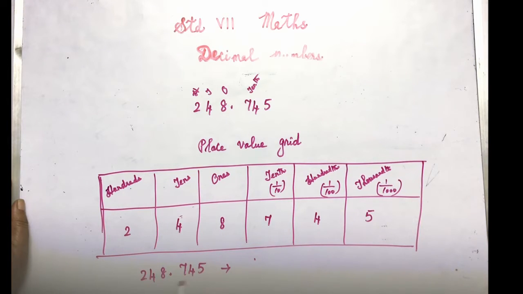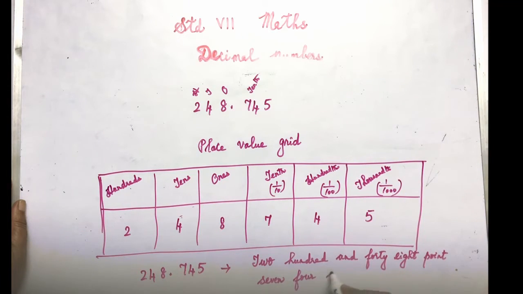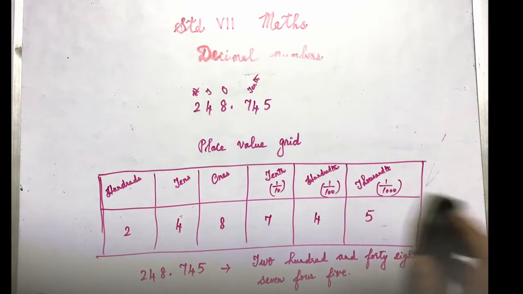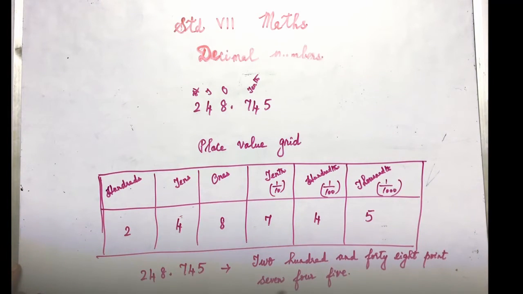So this is read as 248 point 7 4 5. This is only for reading.